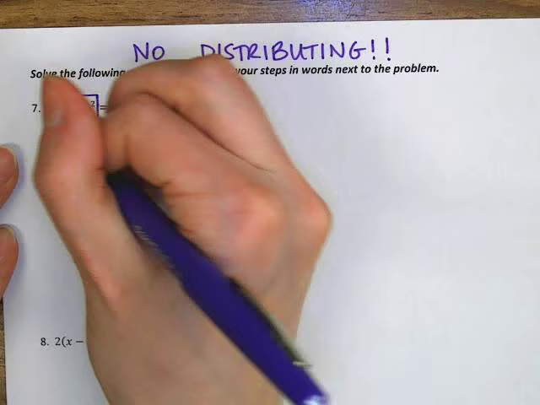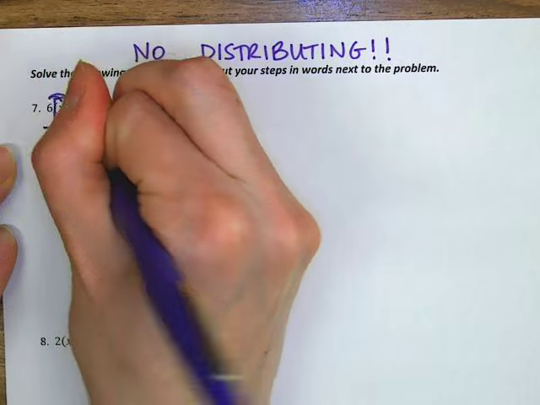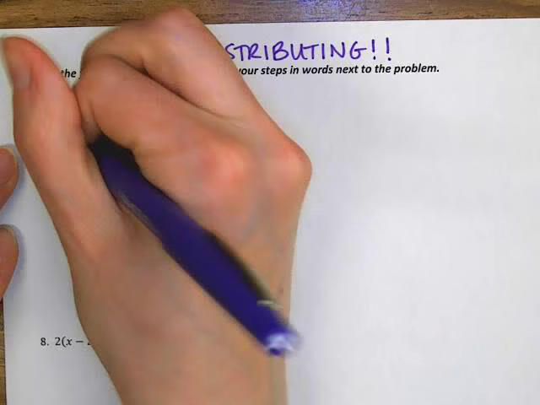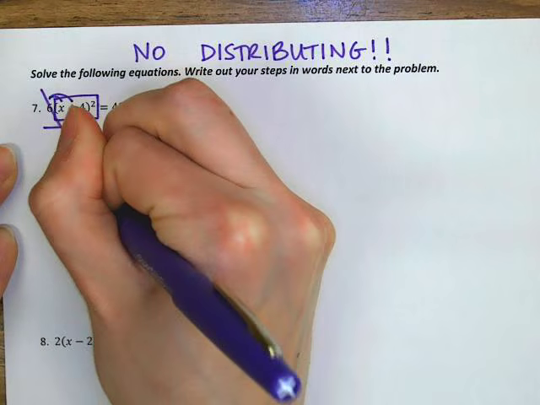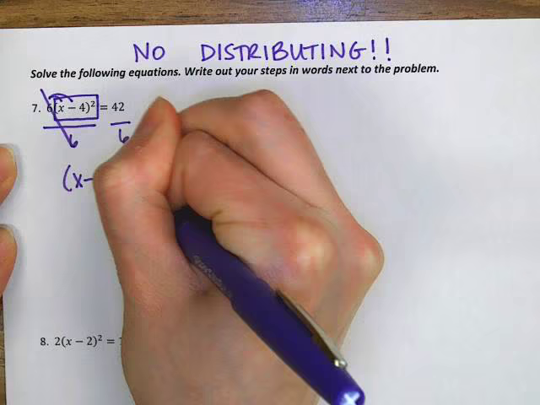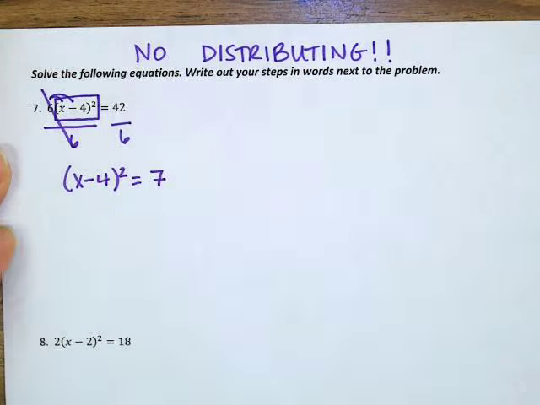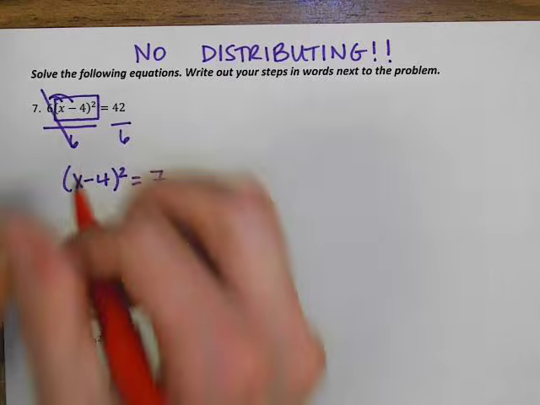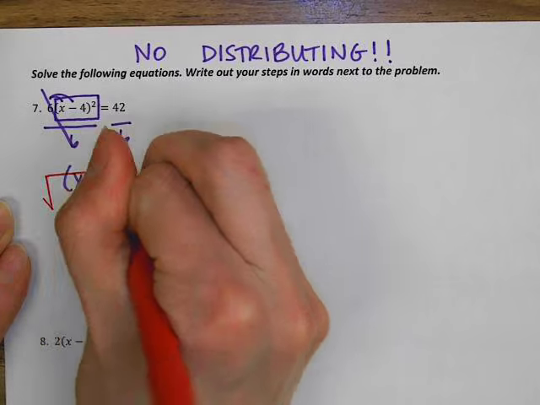So how else are we going to get rid of the 6? We're going to divide by it. We're going to divide by that 6 right away. And we're left with x minus 4 squared equals 7. Okay, now to undo something squared equals 7, we're going to square root both sides.